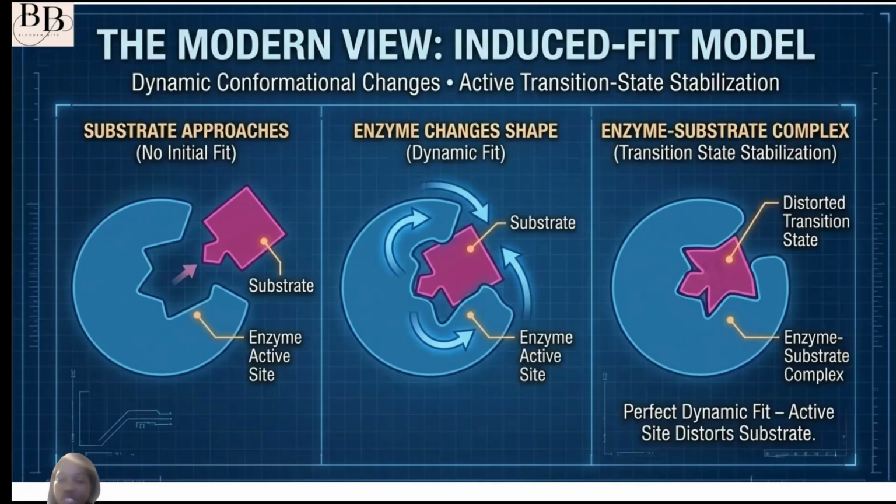So the active site shapes around the substrate and creates a tight fit. This distorted geometry of the enzyme-substrate complex strains the substrate towards its transition state.